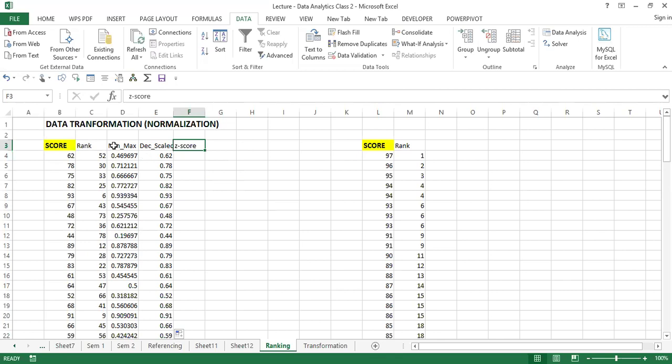Like, what will it help you to achieve? These all help you to achieve basically the same thing.